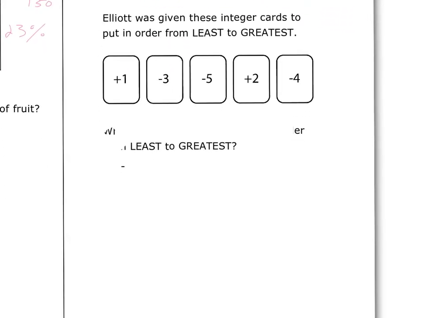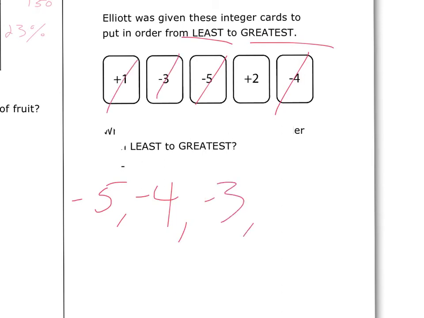Elliot was given the integer cards to put in order from least to greatest. Which one of these is the very smallest? Negative 5. Then? Negative 4. Then? Negative 3. There we go. Least to greatest.